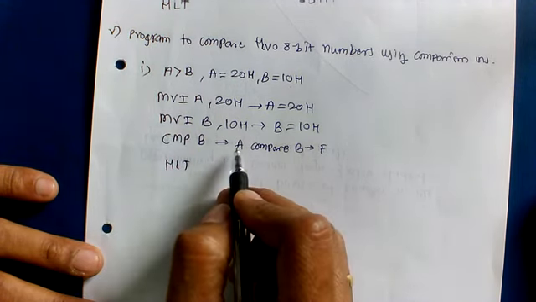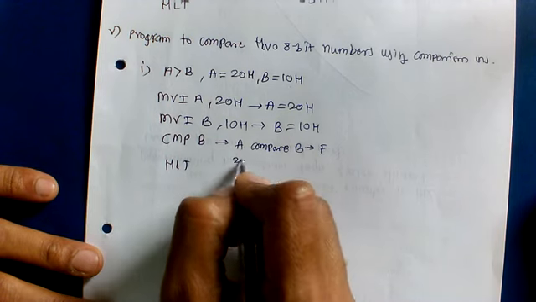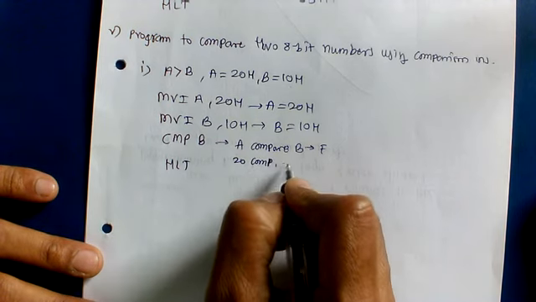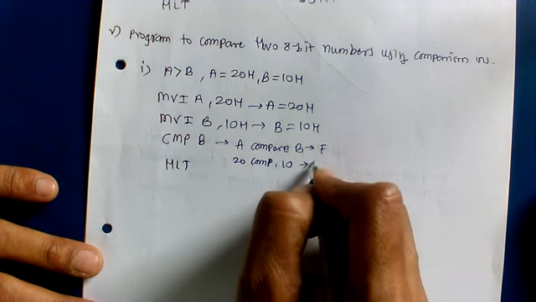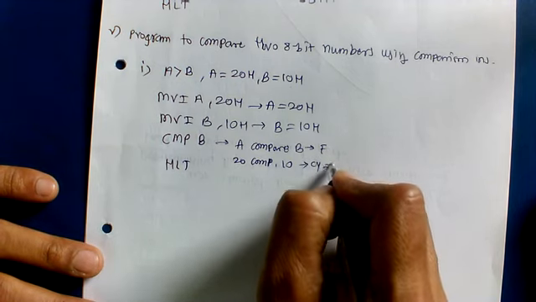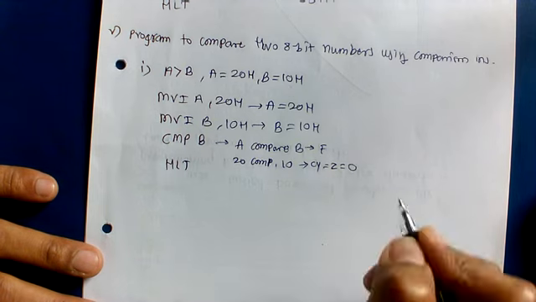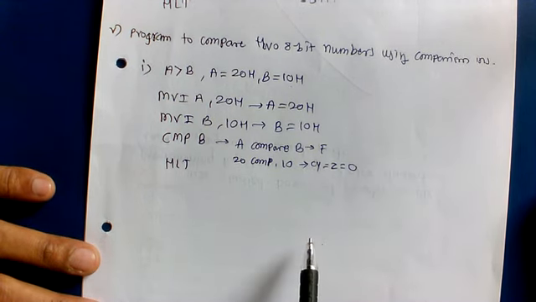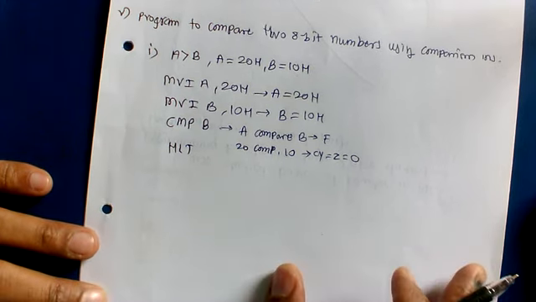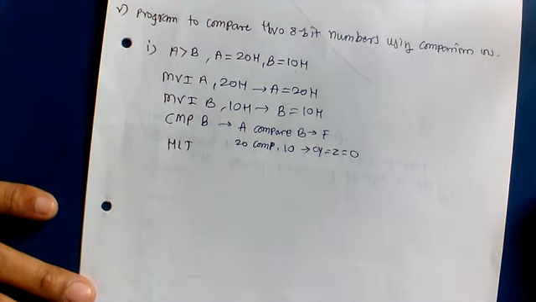So after A compare B, that is 20 compared with 10, you will get carry and 0 flag 0 to indicate accumulator contents are bigger than the B register content. Internally the comparison is done by using subtraction technique, that is 20 minus 10.